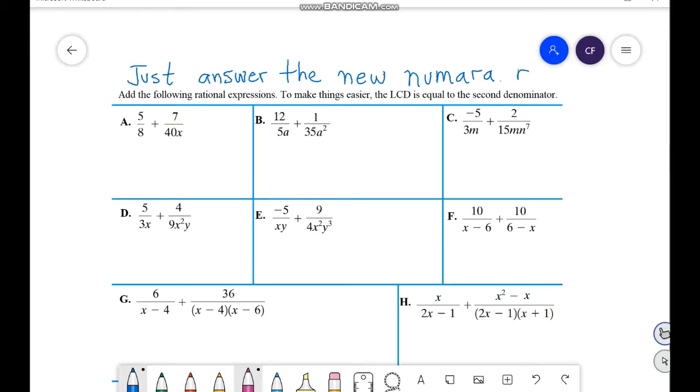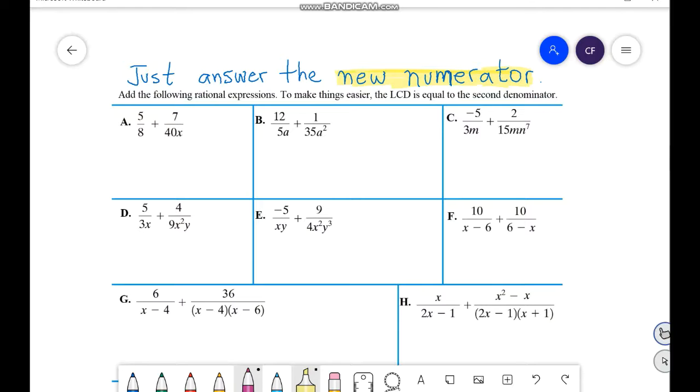When you're answering on forms, you don't need to answer the whole expression, only the new numerator. Oops, numerator. Yes, the new numerator. Choose the new numerator, okay? Don't forget it. I don't want the whole thing, just the new numerator.